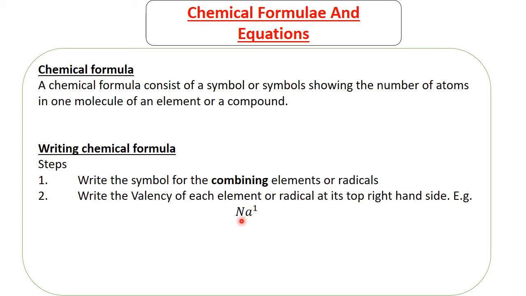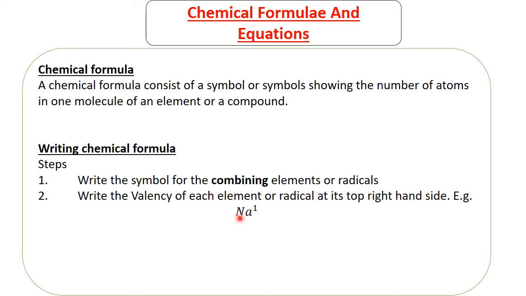So one thing I want to emphasize here is some of us have bad handwriting, so you might end up writing sodium as capital N and capital A, which is not acceptable. If you write sodium as small letter n and a small letter or capital A, it's unacceptable.